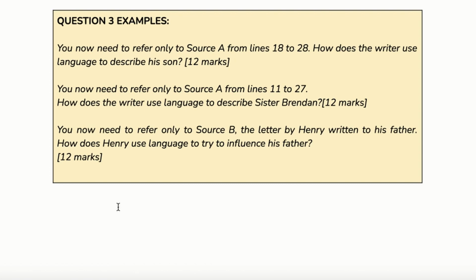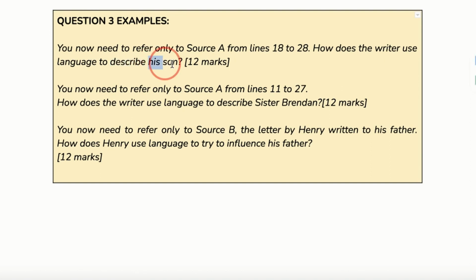So just in case you completed that task and you're feeling a bit confused, personally, I do things like, Source A is an important keyword because you're not looking at the second text, just the first. Definitely the lines, like I say. In this case, how does the writer use language is important. Describe is your purpose, so that's description.